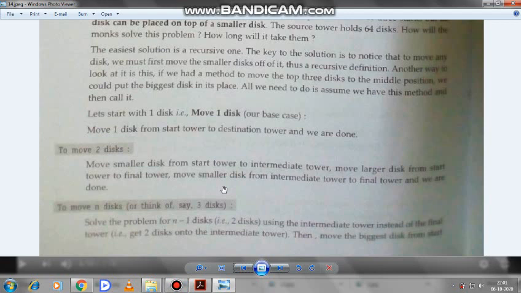So now you have seen how we are moving three disks from peg A to peg C.